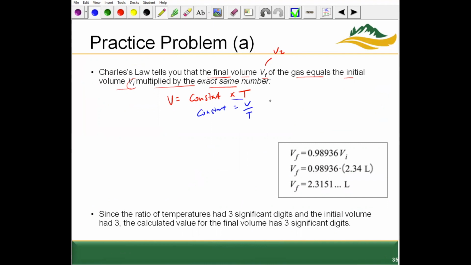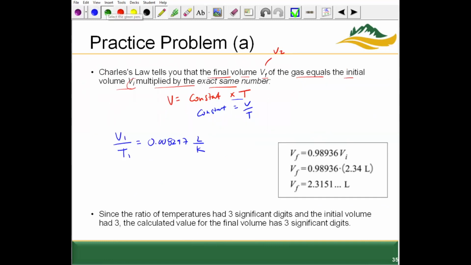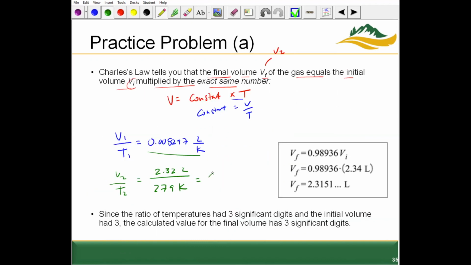Divide both sides by T. V1 over T1 was equal to 0.008297 liters over Kelvin. Then V2 over T2 have to equal that same number. V2, 2.32 liters, T2, 279 Kelvin. This indeed is also equal to 0.008315 in units of liters over Kelvin. So yes, indeed, this does check out.